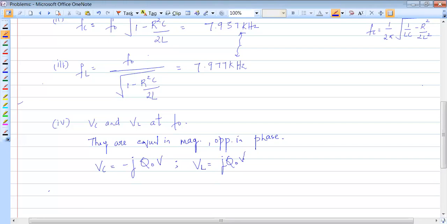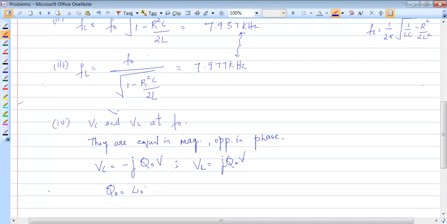So if you have to find out VC and VL, then finding Q naught is a must, though they have not asked us. So Q naught is the quality factor at resonance.